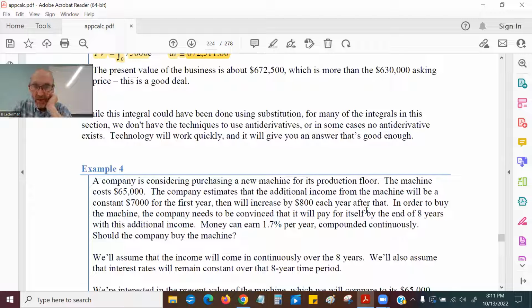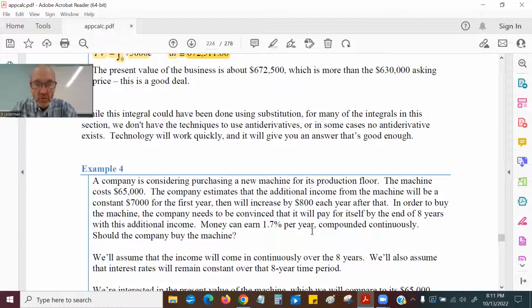So it's going to be a real cash cow. In order to buy the machine, the company needs to be convinced that it will pay for itself by the end of 8 years with this additional income. Now, the money can earn 1.7% interest per year, compounded continuously. Should the company buy the machine?